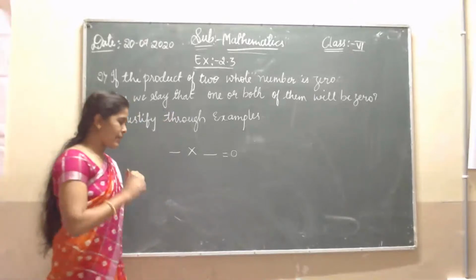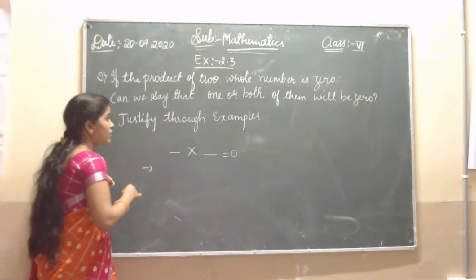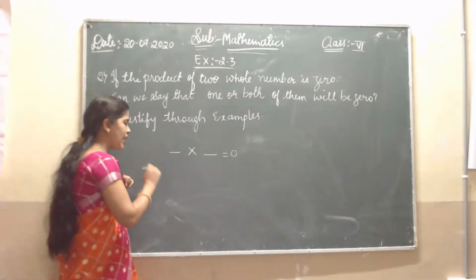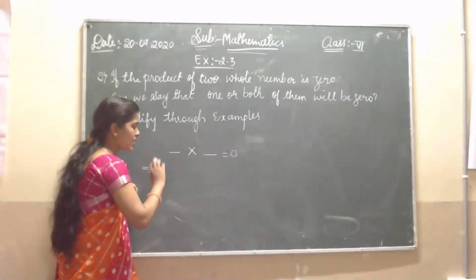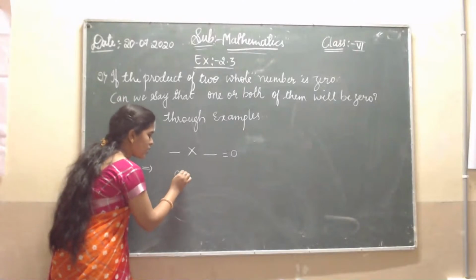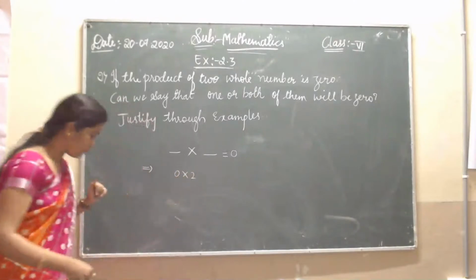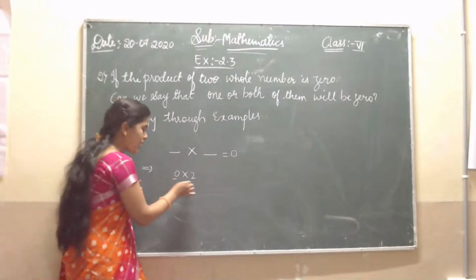Justify through example. Take one as 0 and another as some other number, 0 into, for example, 2. One is 0, another one is a whole number.